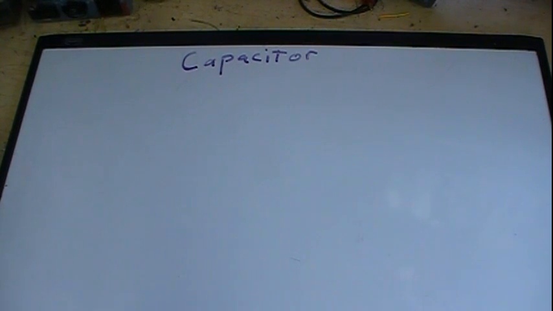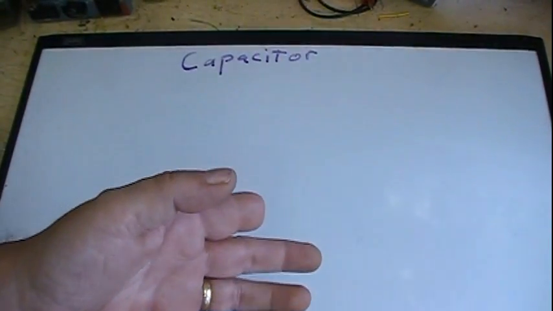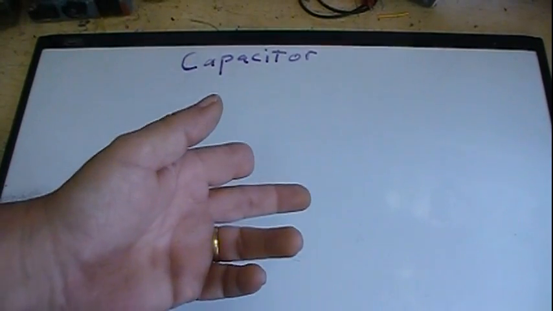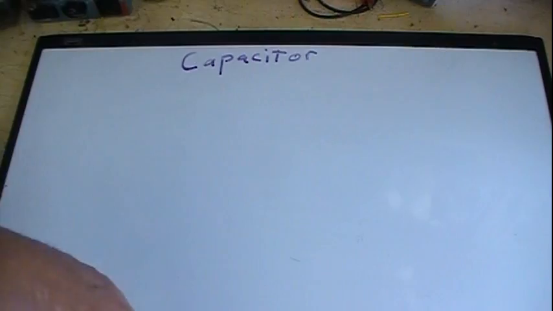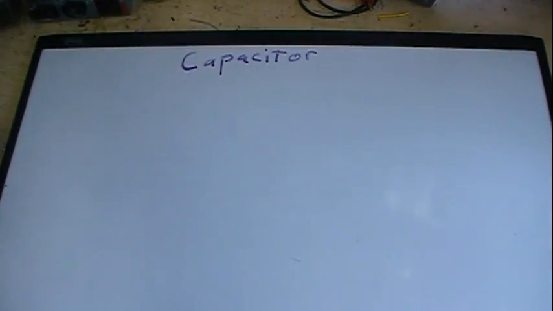But in AC, on the other hand, we're always flipping our polarity back and forth, so the cap never gets a chance to fully charge and block it. So as that polarity flips back and forth, the cap consequently allows the AC through, but not easily.